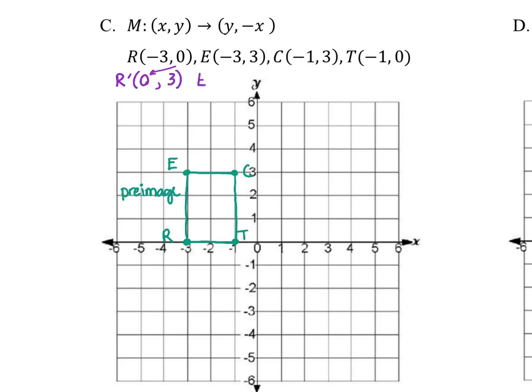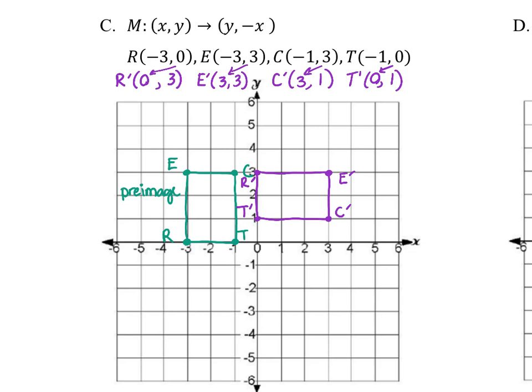For E prime, we're going to have 3, 3 as the coordinates. For C prime, we're going to have 3, 1. And for T prime, we're going to have 0, 1. So let's graph those points now and create the image.